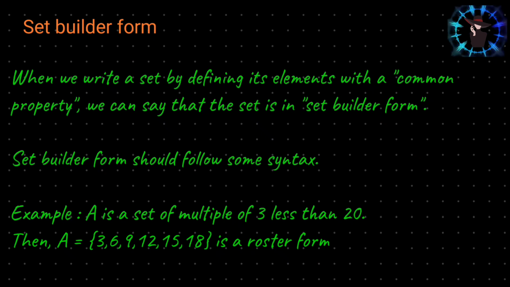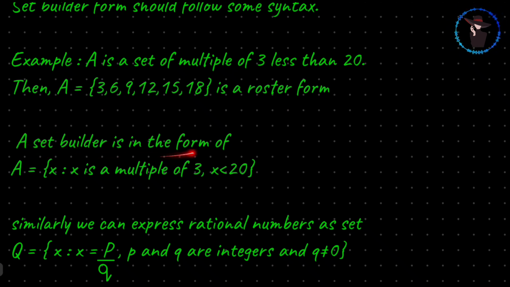Let's see the set builder form of this. A set builder form is of this type. We write the variable here instead of the actual set, just mentioning the common property. So what's the property here? This is X. X means the elements of the set. A is the set of all X, such that, this symbol means such that, X is a multiple of 3.